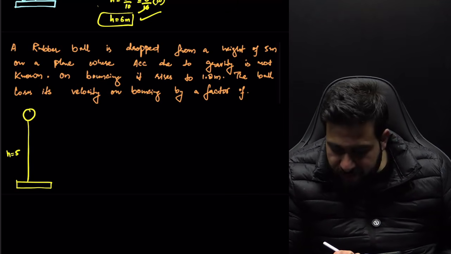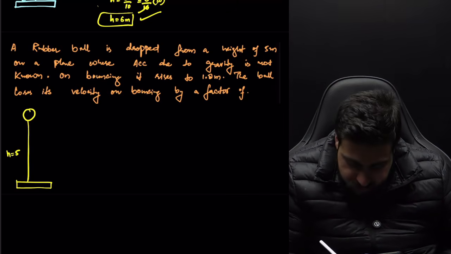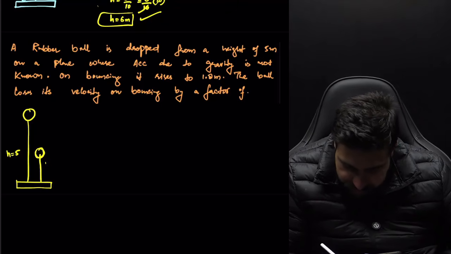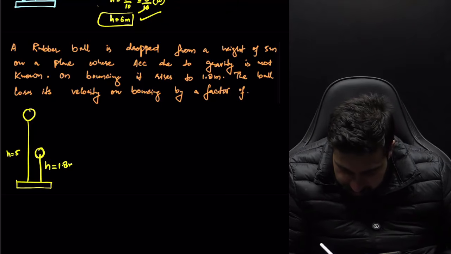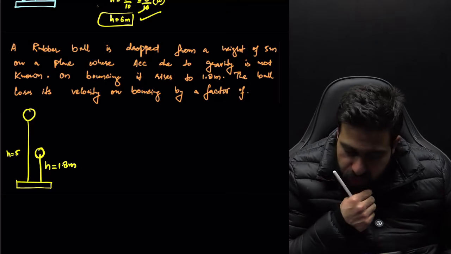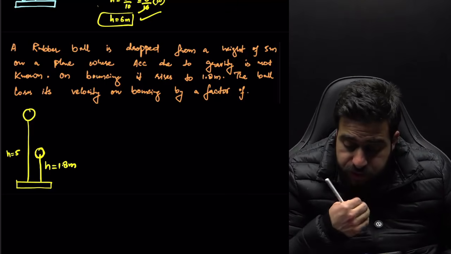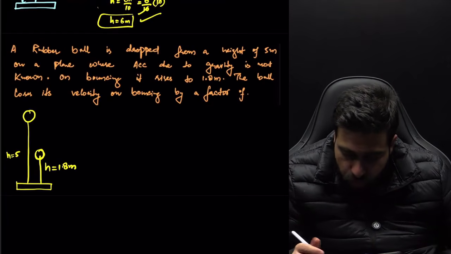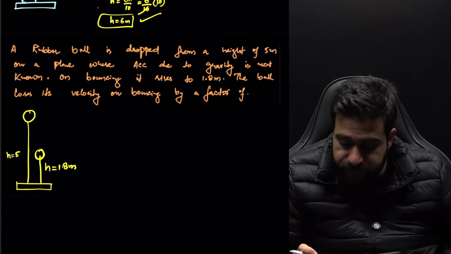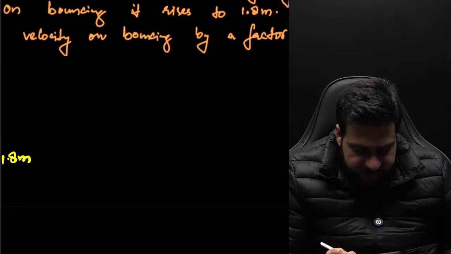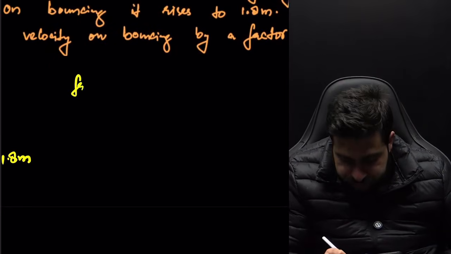On bouncing, it rises to 1.8 meters. The ball loses its velocity on bouncing by a factor of. We have to find the fractional loss in velocity.